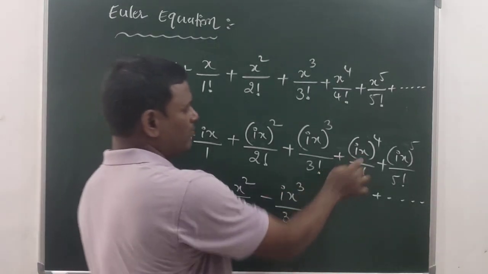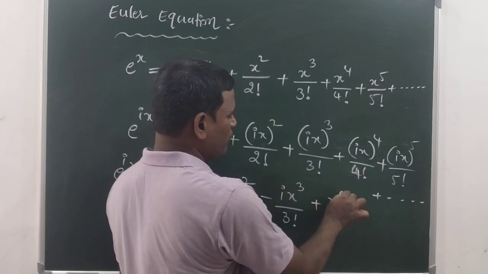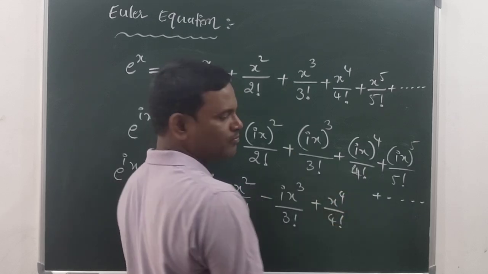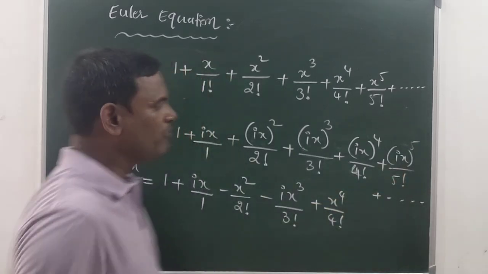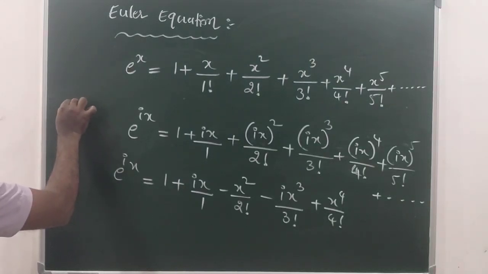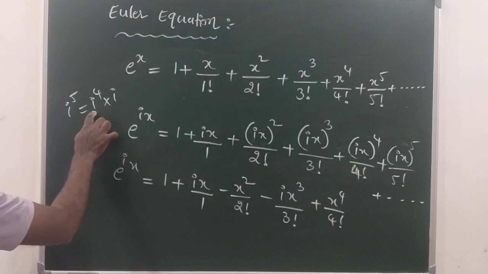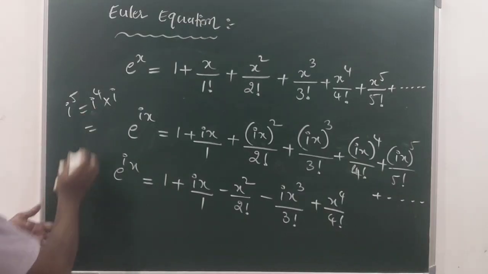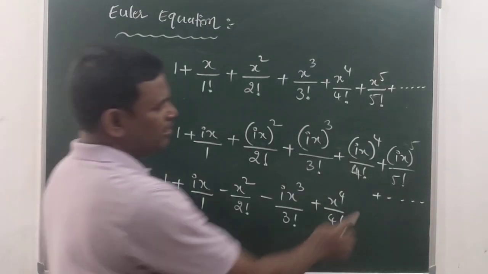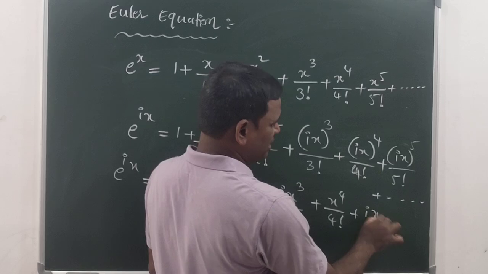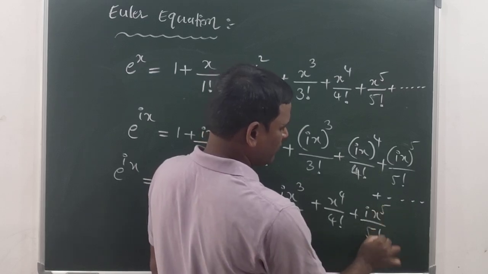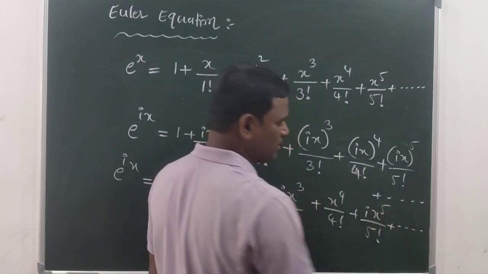So here 1 into x power 4 by 4 factorial. Now what about this i power 5? I power 5, how you have to write? i power 4 into i. i power 4 value 1. 1 into i. So here i into x power 5 by 5 factorial plus and so on.